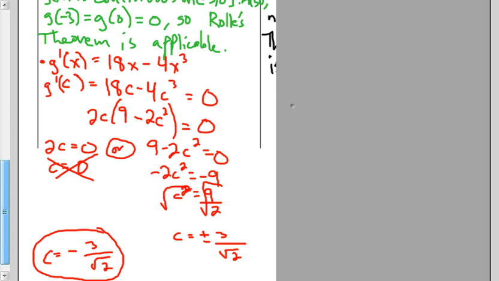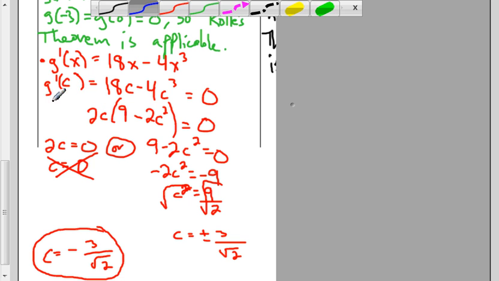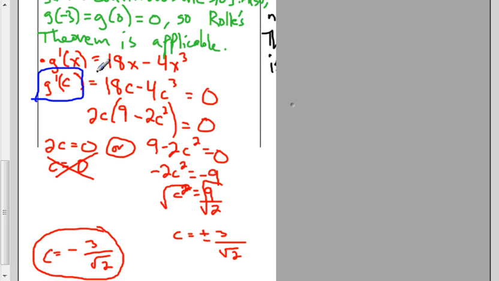Now what am I trying to find? I take the derivative, and I get the derivative of g of x is 18x minus 4x cubed. But now I'm trying to find some value c where this derivative is 0. So kind of like the intermediate value theorem, where instead of using x, now we're trying to find that actual value c. So we put this in, and now I'm going to factor.